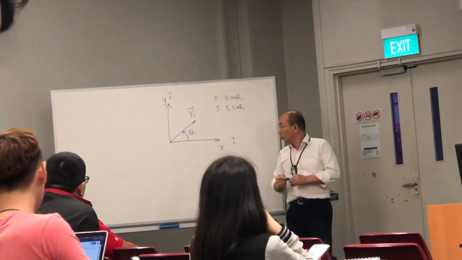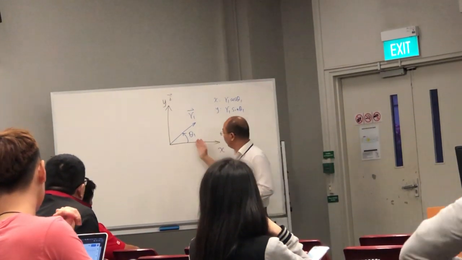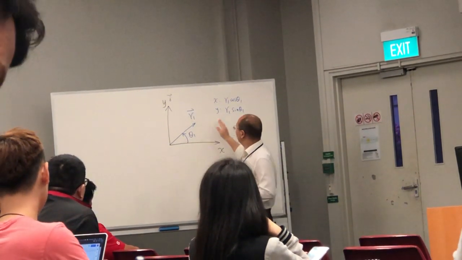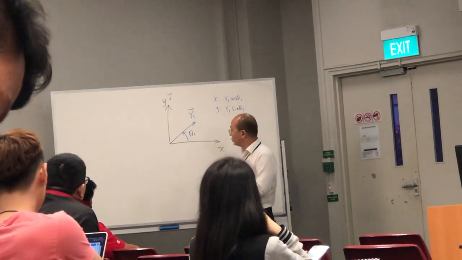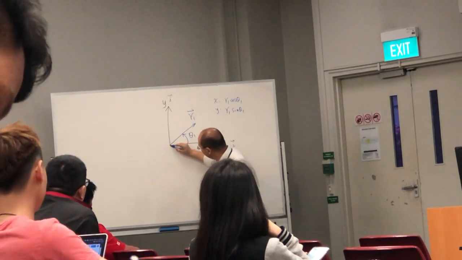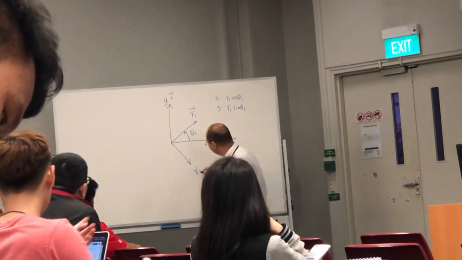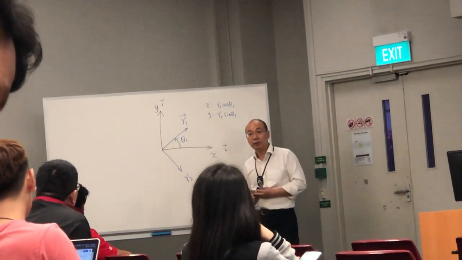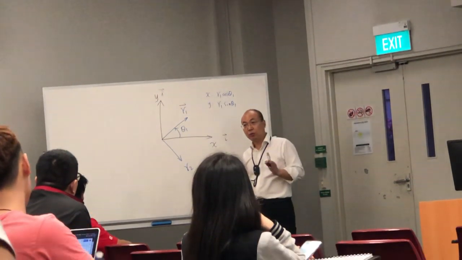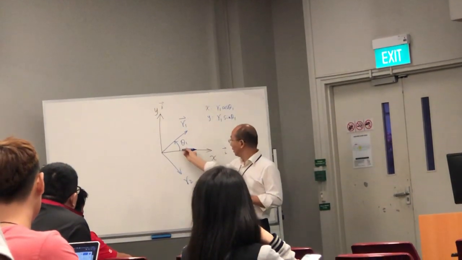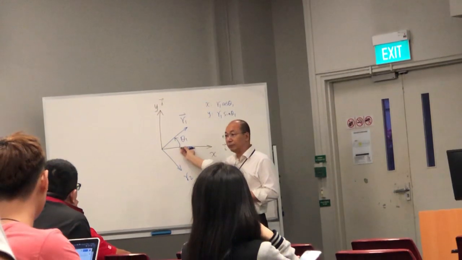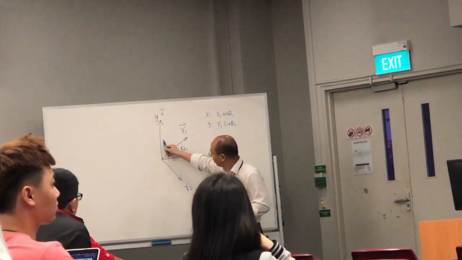Okay. And if you follow this convention, you can always make use of this. Take an example, you have another vector somewhere here. This one you can call R2 vector. Correct? And then you still measure the orientation angle starting from x positive, right? Rotating anti-clockwise all the way.